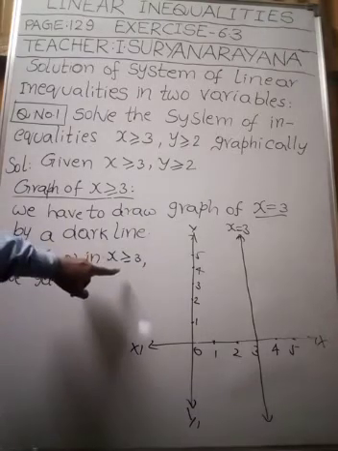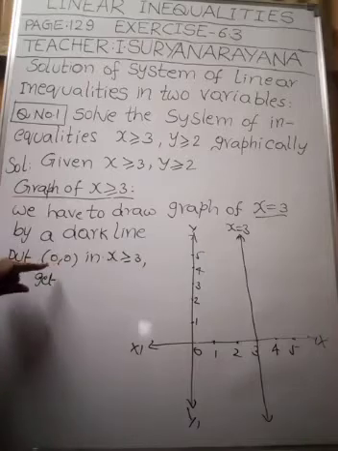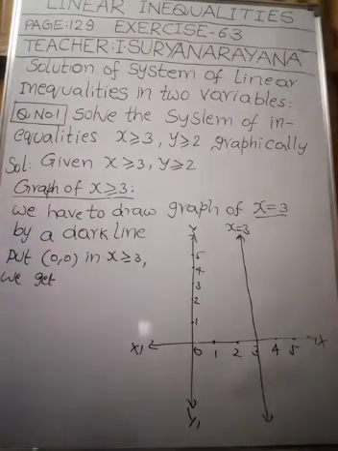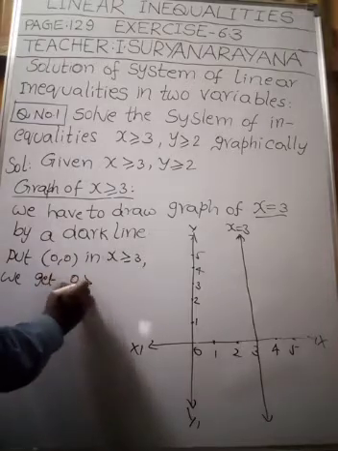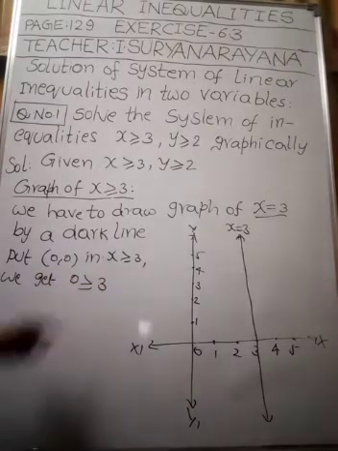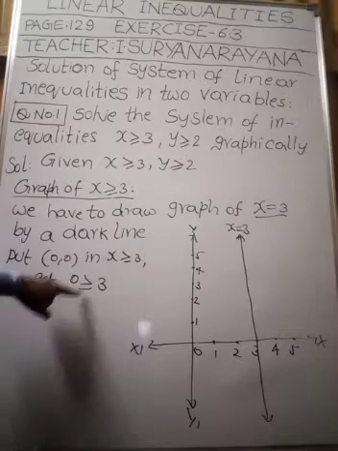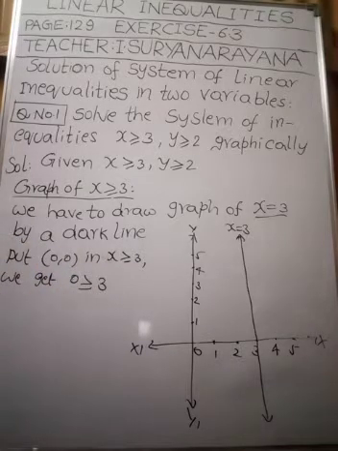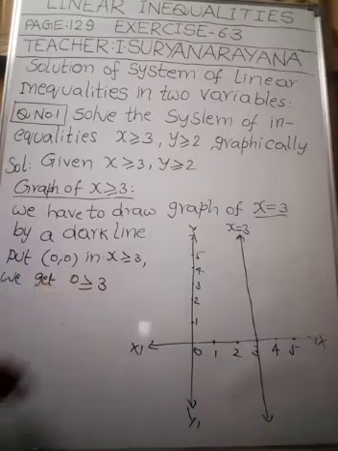In this inequality where x is there, we substitute 0, and where y is there, we substitute 0. So 0 greater than or equal to 3. Is it a true statement? False.